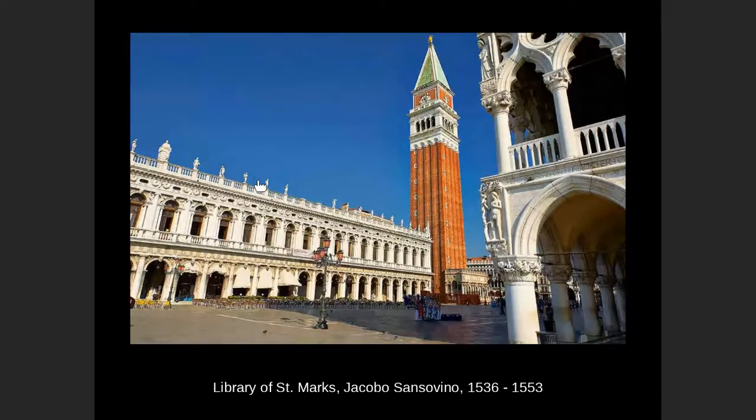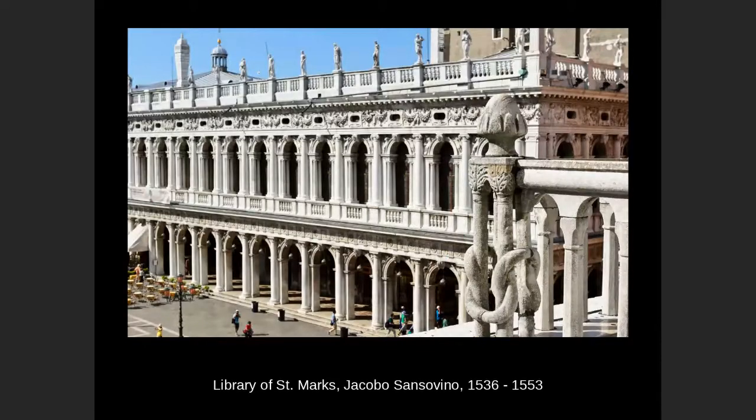We have a balustrade on the top instead of a heavy projecting cornice, and almost a Palladian window here on the second floor. It's really narrow between that column. Let's see if there's a better view of it. This might show us a little better view. It's very much based on the Basilica at Vicenza by Palladio. So he's already being quite influential, even in the Renaissance, and of course later it will be.